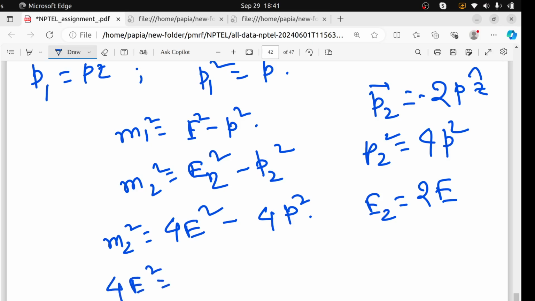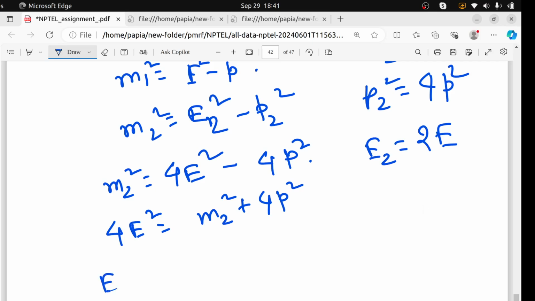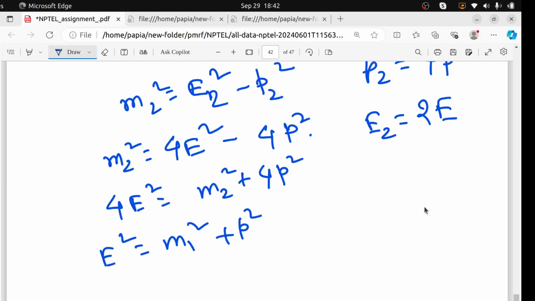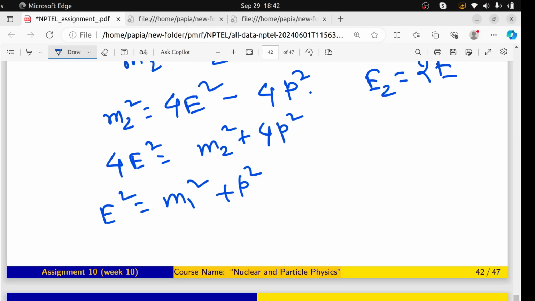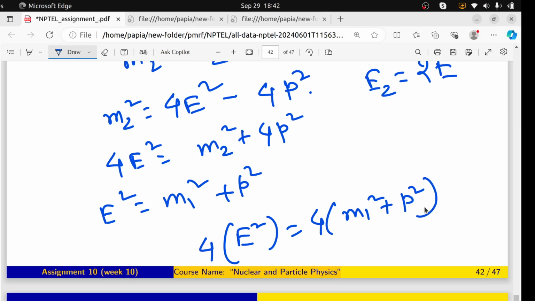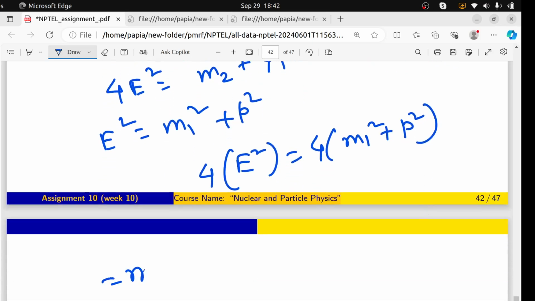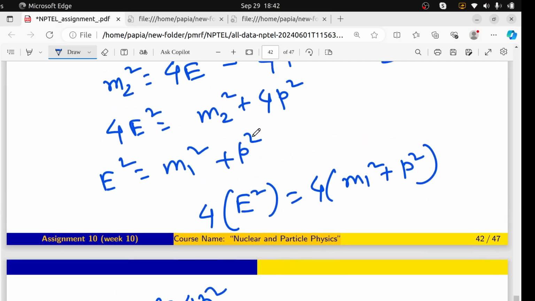So 4E square is exactly equal to M2 square plus 4P square. Similarly, for the previous one, E square was M1 square plus P square. Now we will just compare these two. So 4 into E square, which is 4 into (M1 square plus P square), should be equal to M2 square plus 4P square, because it is written here: 4E square equals M2 square plus 4P square.